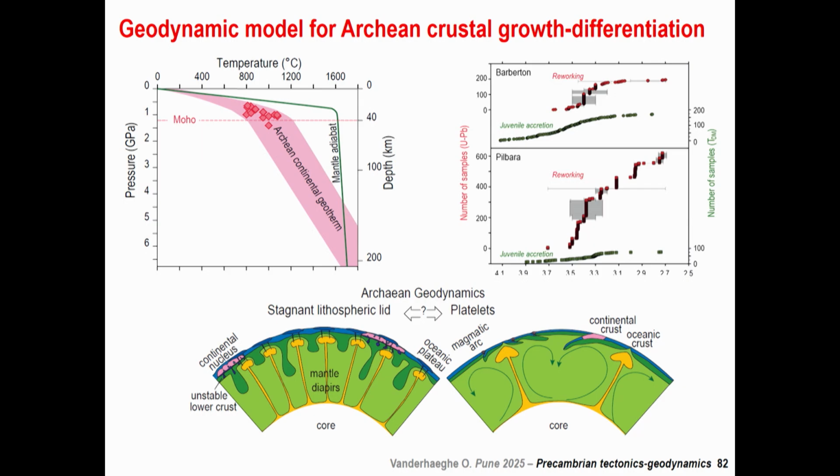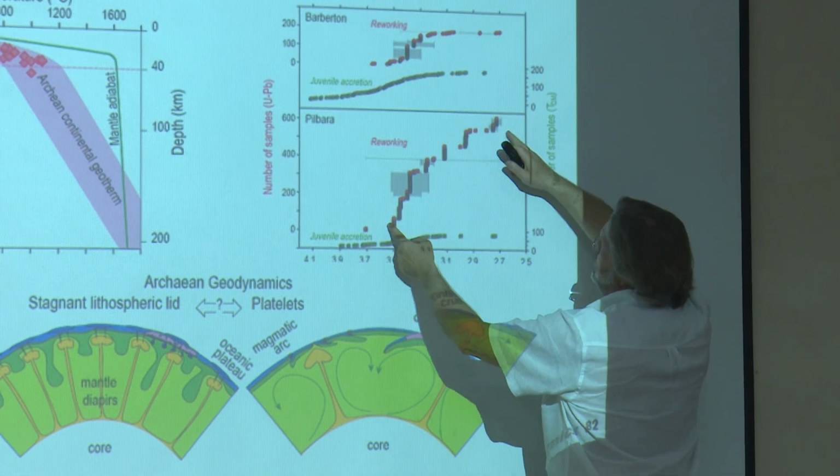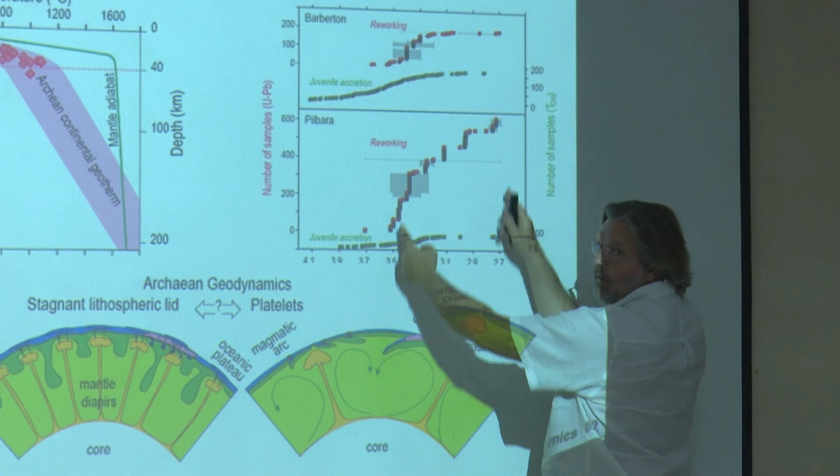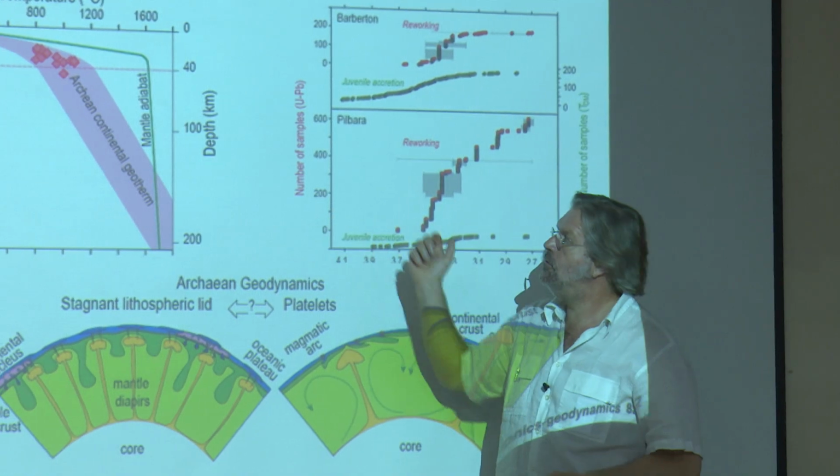It's Pilbara and Barberton, two different cratons, but they go from 3.9 to 3.1 for the mafic magmatism, and the felsic one starts afterwards, but it spreads from 3.5 to 2.5. That's 1 billion years. How do we account for these two observations?